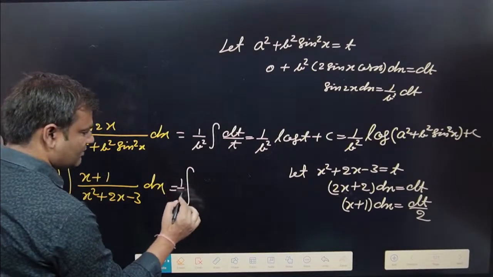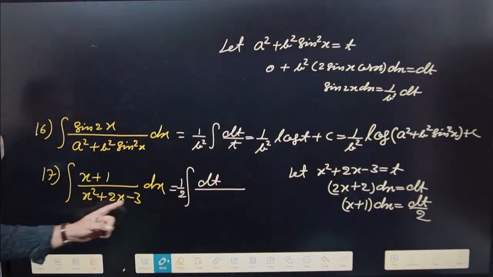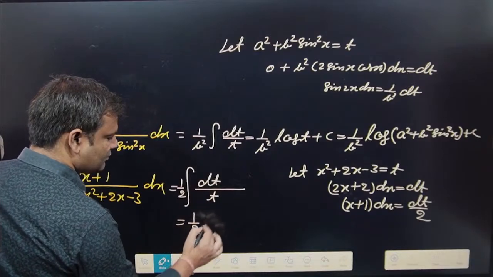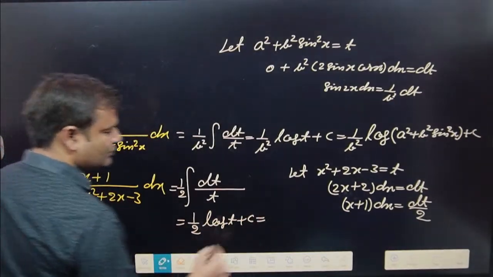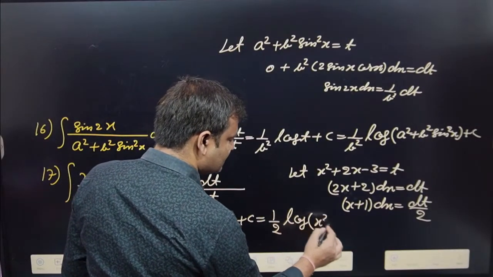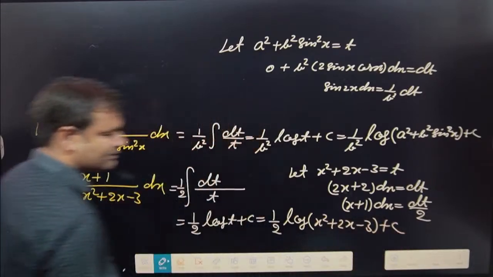So this is 1 by 2, dt divided by t, which is 1 by 2 log of t plus c. So 1 by 2 log of (x square plus 2x minus 3) plus c is the right answer.